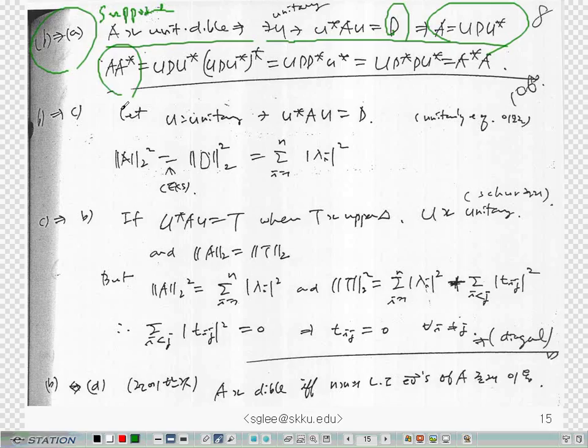Then you can calculate A star and also A star A. You can see they are all the same. If it is unitarily diagonalizable, then A star A is equal to A A star, because A can be written as U D U star, and here U D U star and the star of it. This just goes all the way in this way.